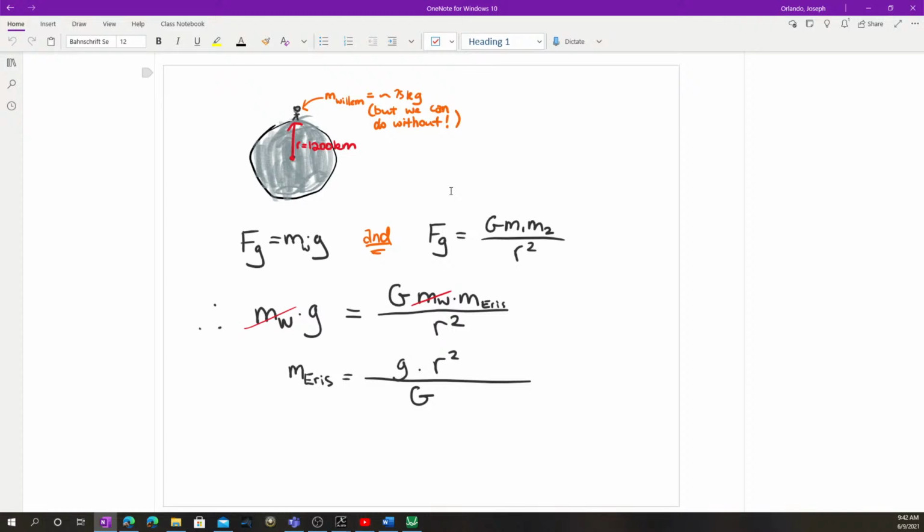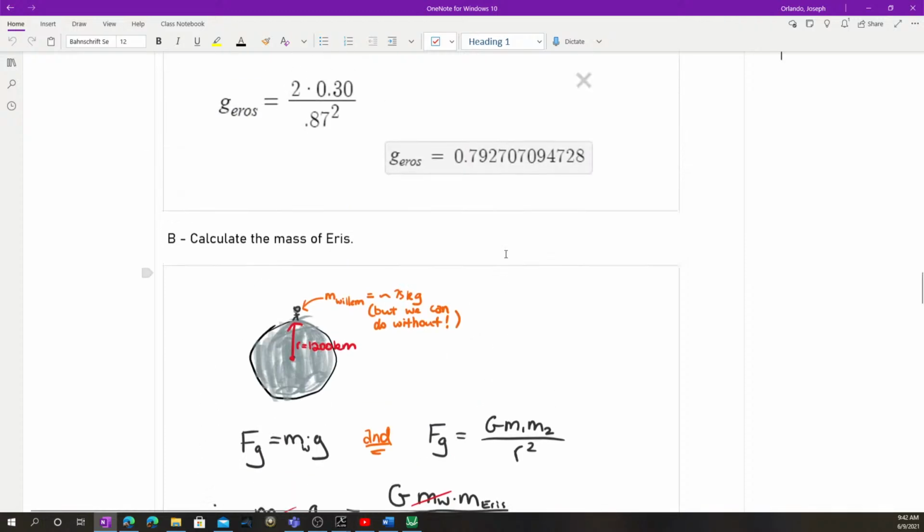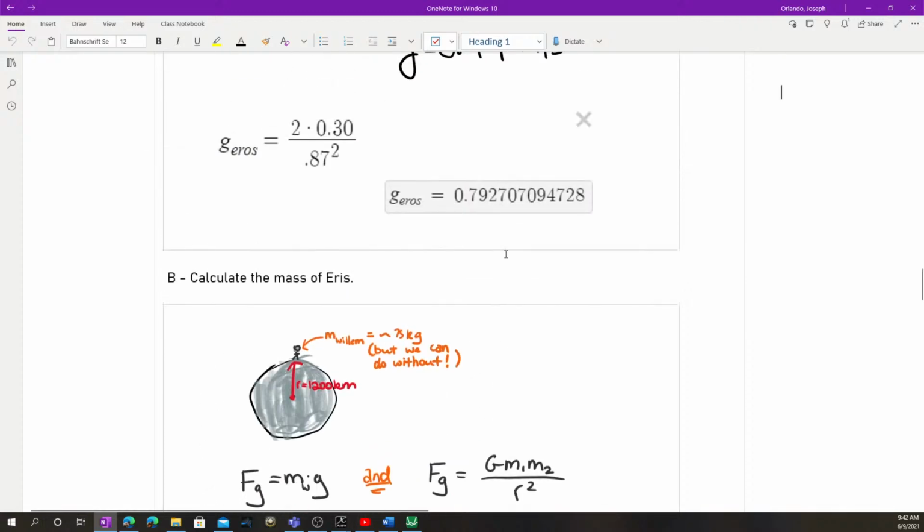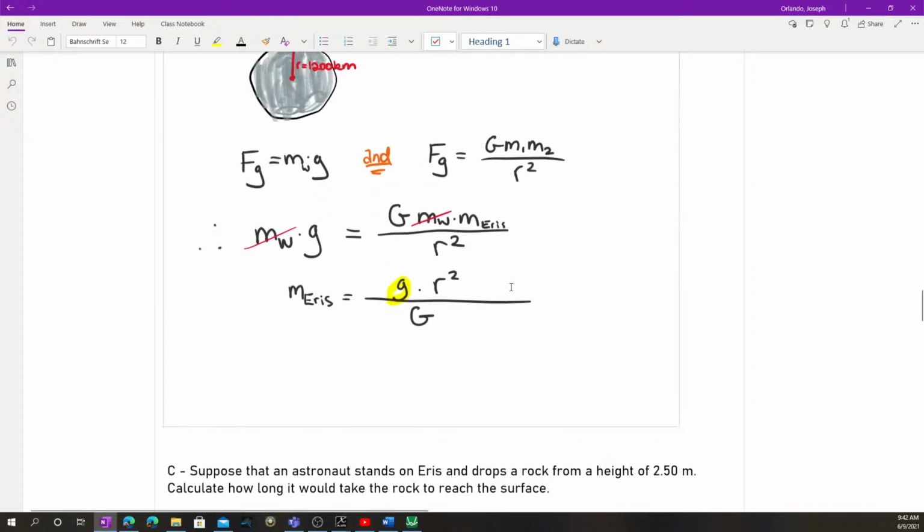And so now, what do we know? Well, we need to know the gravitational acceleration on Eris, but we do, so that's good. We have that right there. We need to know the distance between them, but we do. It's 1,200 kilometers. And we need the gravitational constant, but that's 6.67 times 10 to the negative 11. So we're good. This is going to work.